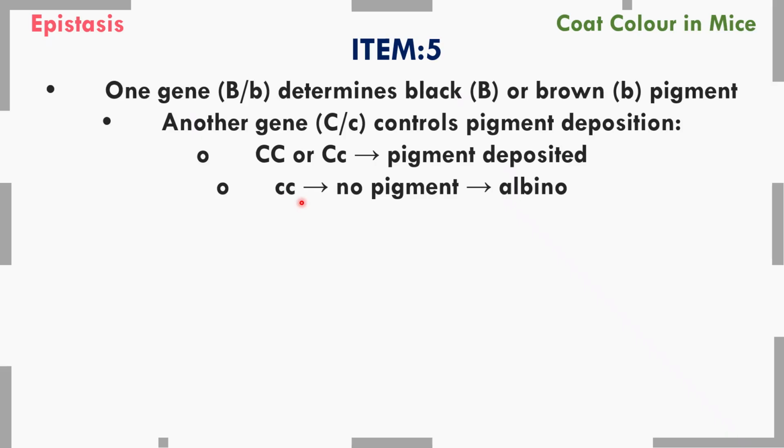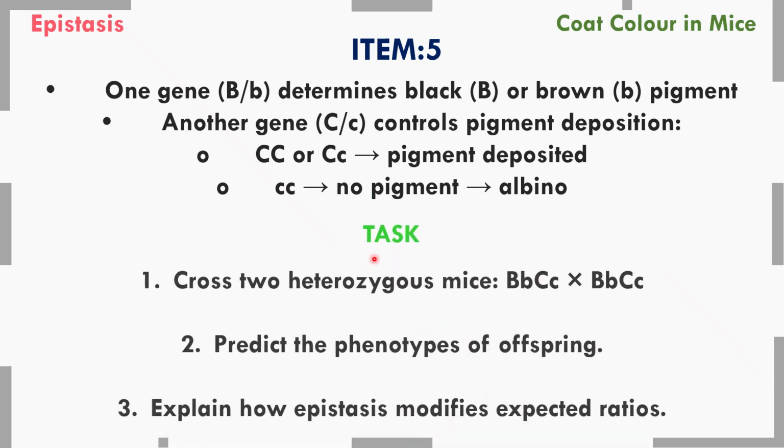If you have small c small c, no pigment, that means an albino. Task. Cross two heterozygous mice, Bb Cc crossed with Bb Cc. Predict the phenotypes of the offspring. Explain how epistasis modifies expected ratios.